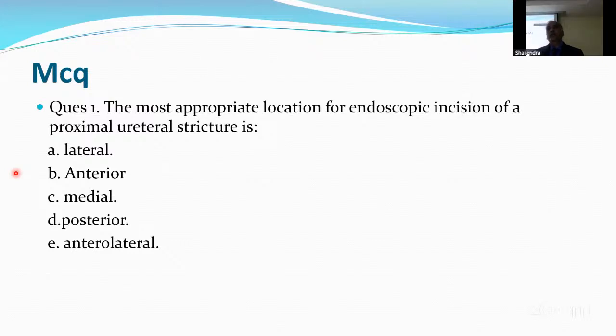So ideally you should get an angiography done to find out the location of the vessels. But yes, the least would be on the lateral side or the anterior side. So either lateral or anterolateral probably would be the best approach. So the answer is lateral.